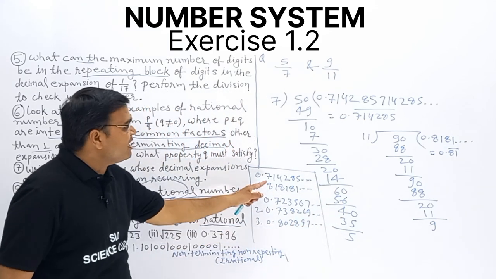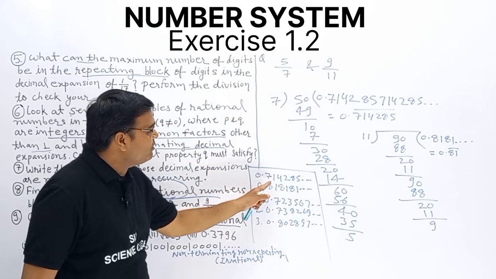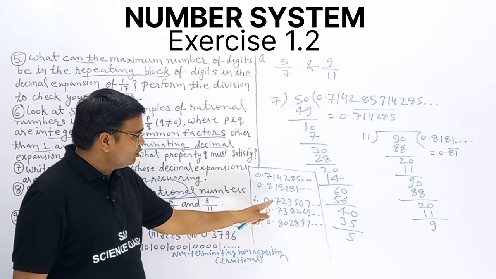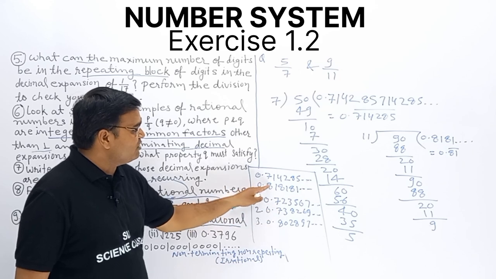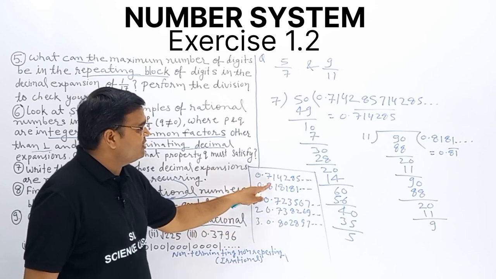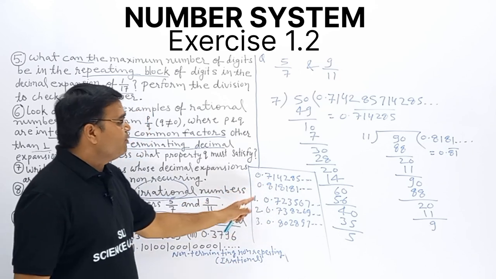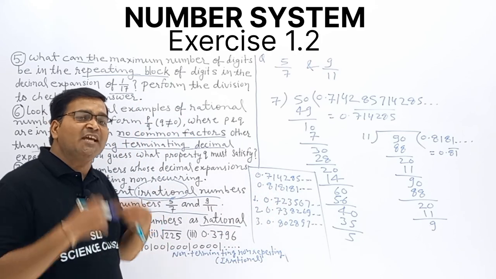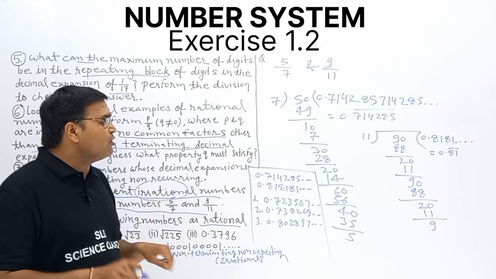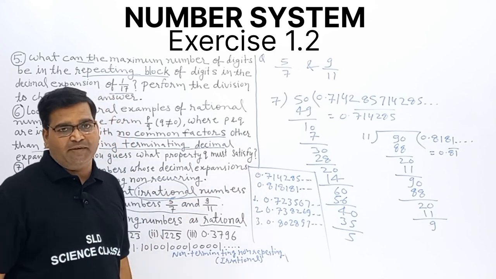These all numbers are in between 0.71 and 0.81. Yes or no? 0.72 is more than this one, less than this one. 0.73 is more than this one, less than this one. 0.80 is more than this one, less than this one. We require only 3, so we are writing those. If we require more than 3 we can write them, because we have so many numbers in between.